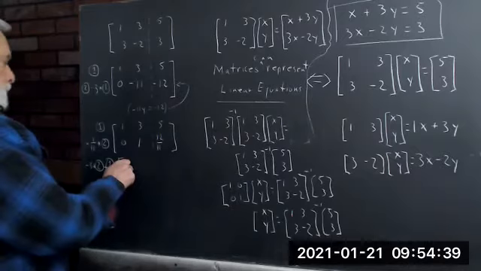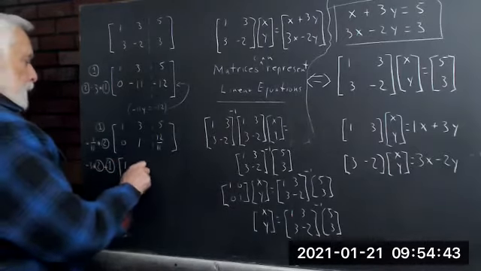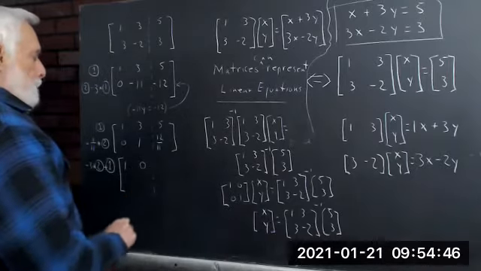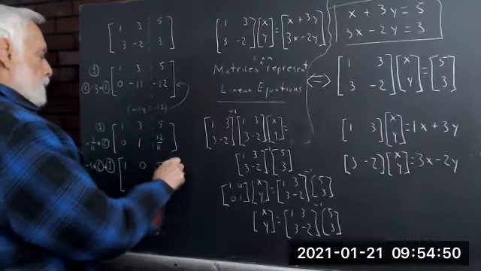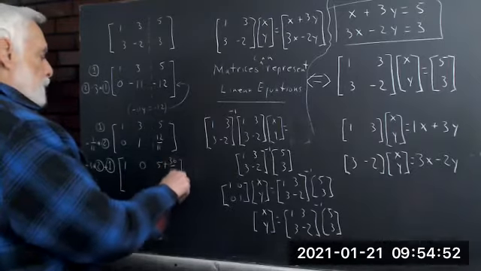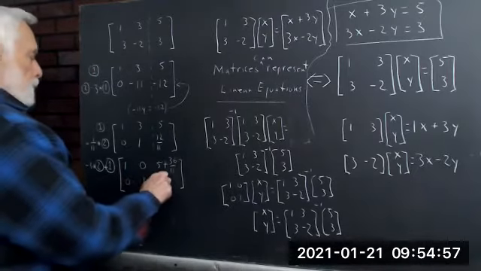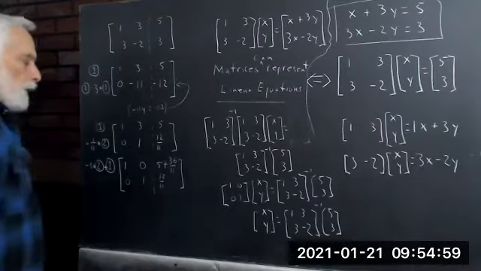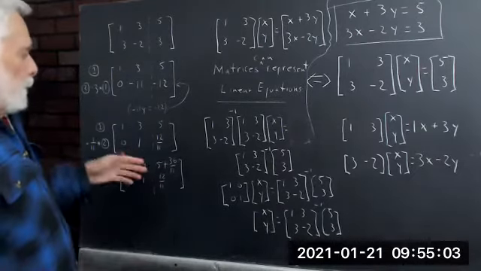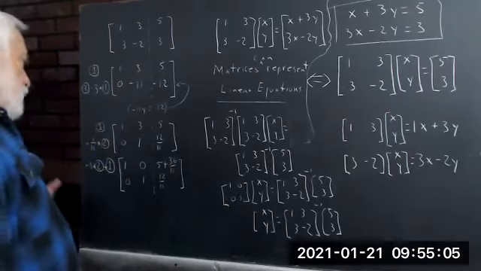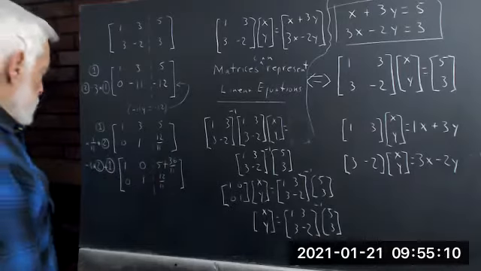So I've got 1, 0, and then I've got 5 plus 36/11, 0, 1, 12/11. And of course, I can simplify this to what, 55 and 36 is 91. So it'd be 91/11.